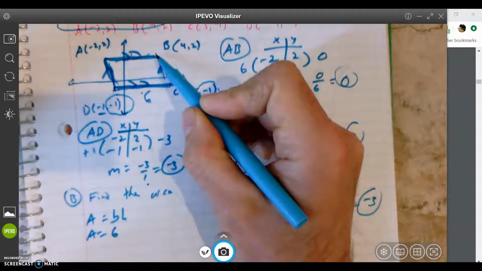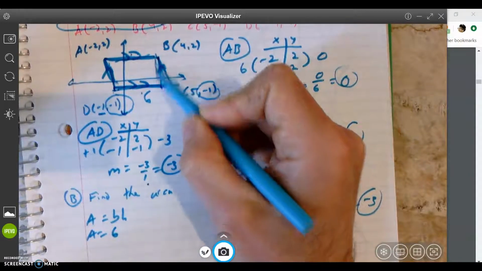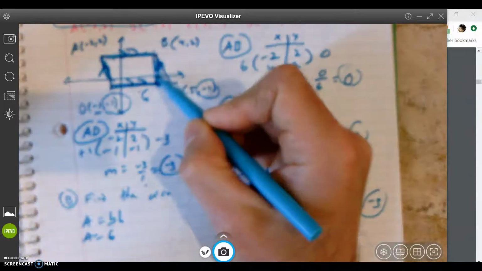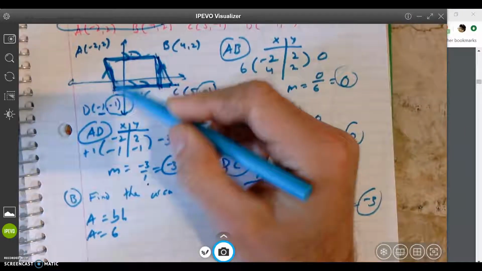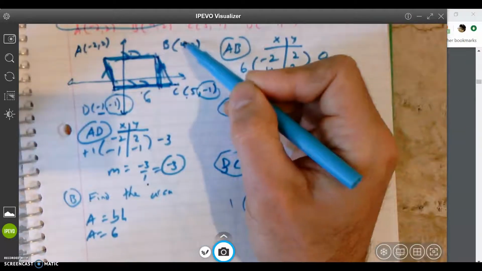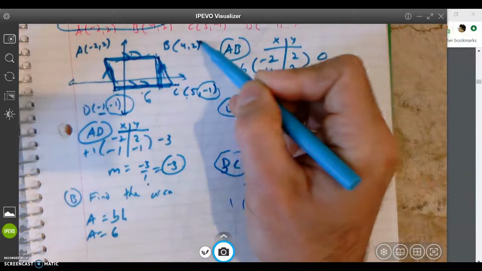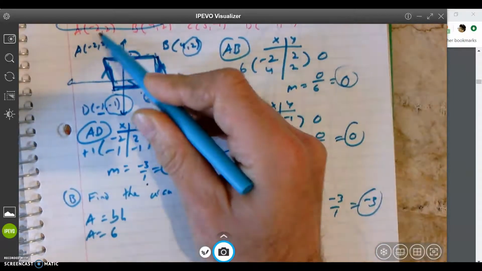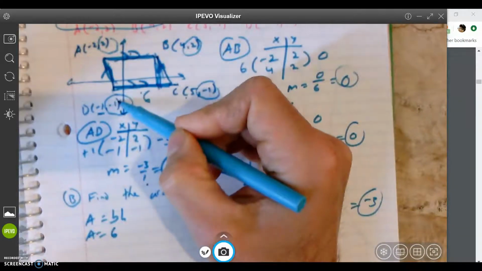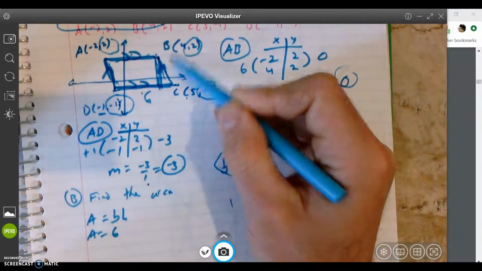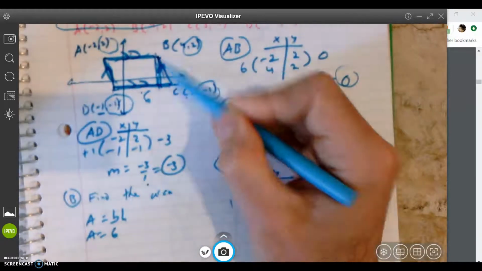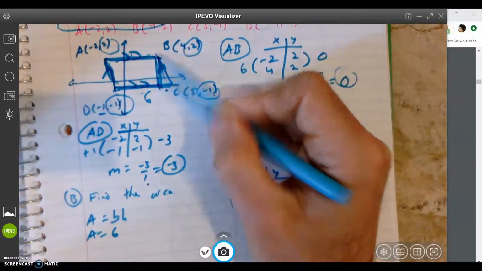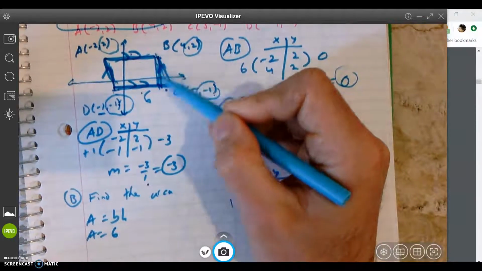Now the height is this. The height is just the change in y, isn't it? So you see how this starts at 2. So it's 2 on the y on both of these. And then it goes down to -1 on the y. So that's your distance here, straight up and down.